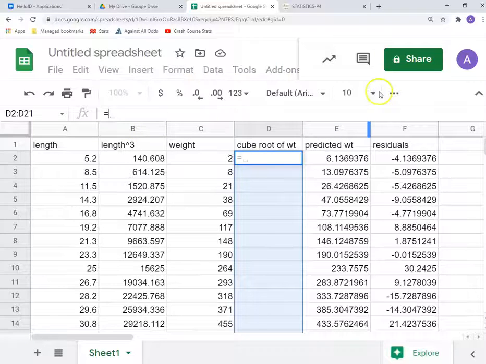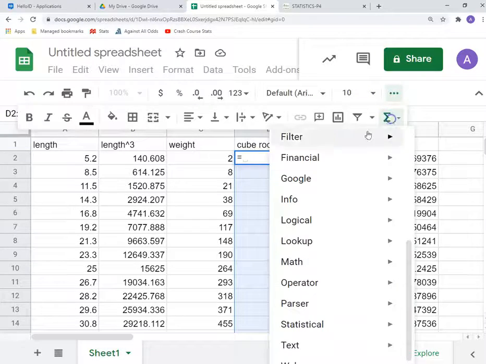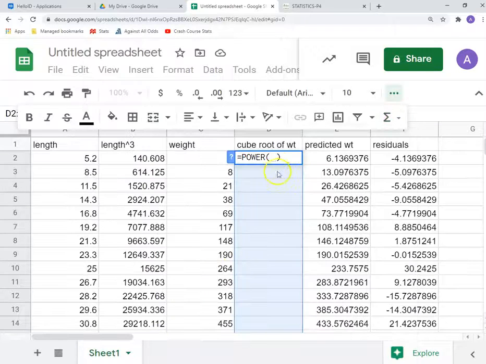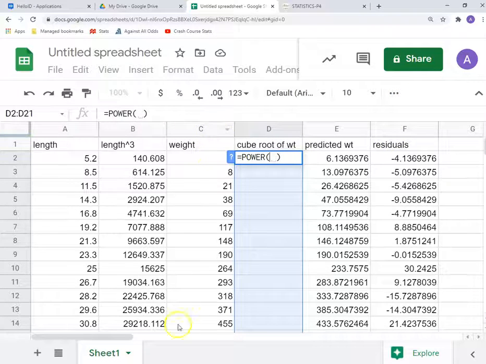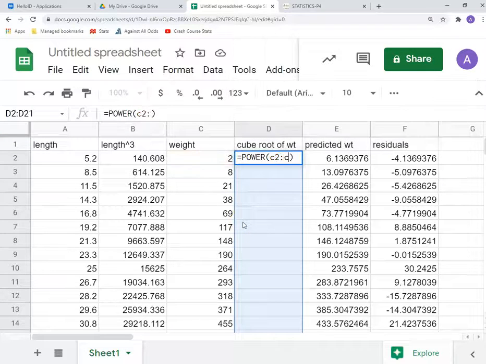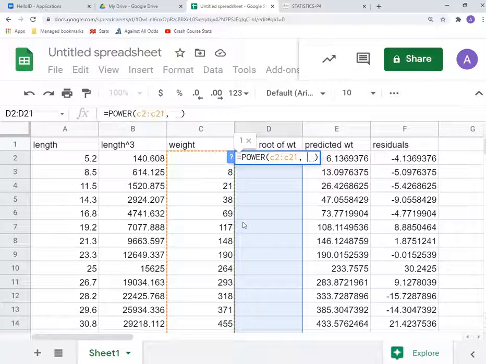Equals. And then I'm going to do power. Our weights, because we're taking the cube root of weights, are in column C, so from C2 to C21. A cube root is a 1/3 power, so I put the comma in the space, and then I do 1 divided by 3.